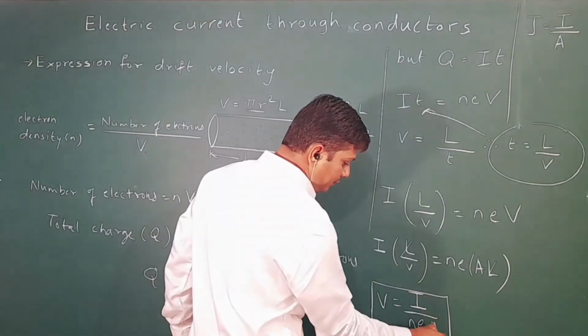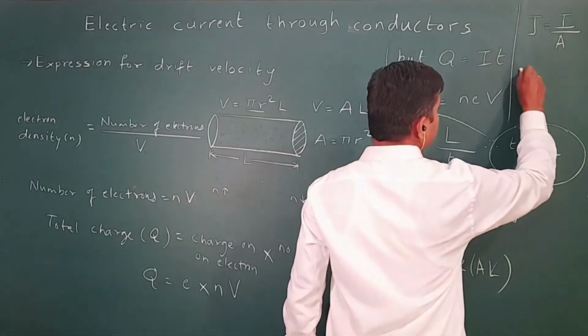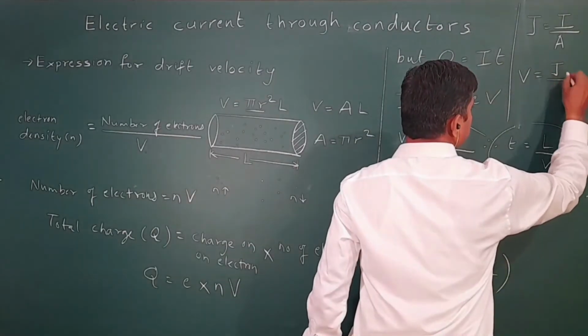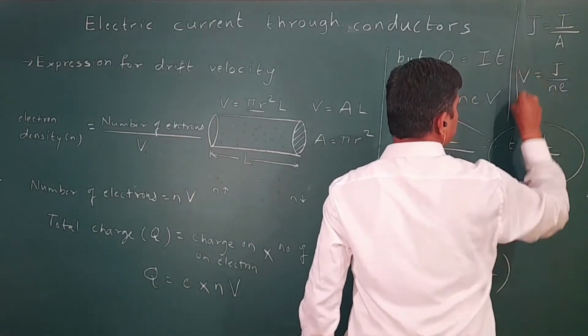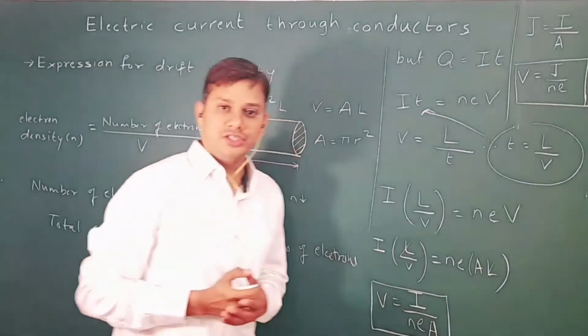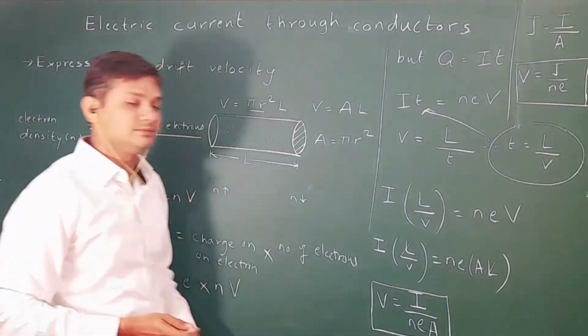So if you replace I upon A by J, current density, we can write drift velocity is equal to J upon n e. So this is the drift velocity in terms of current density.